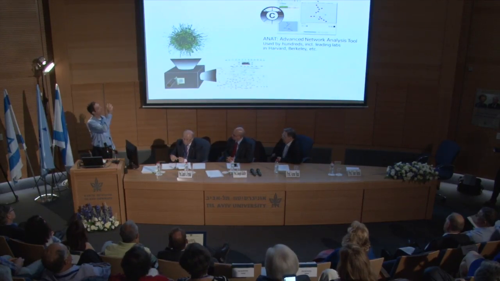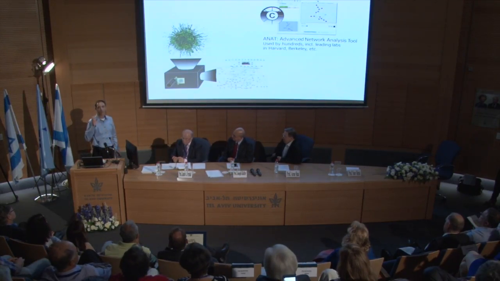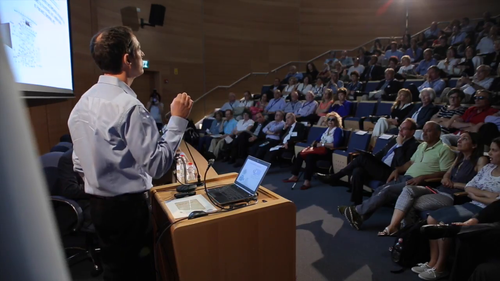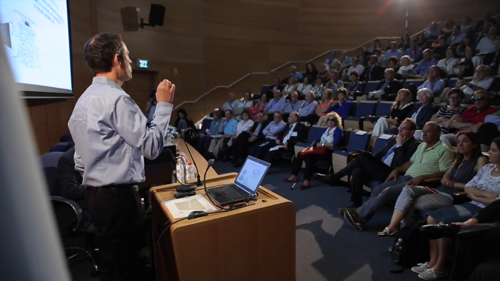In order to do that, ANAT has to do two things. It has to somehow locate in this very complex network the region that is responsible for the disease, and it has to model the activity of every gene in this tiny model that it produces as a function of the activities of the other genes.